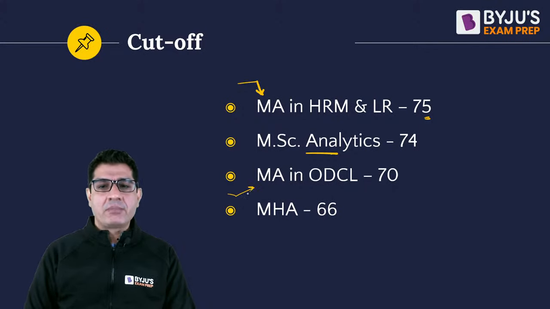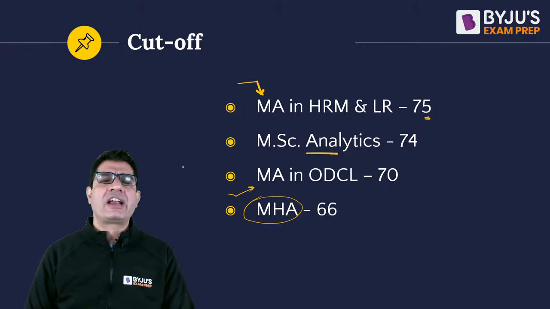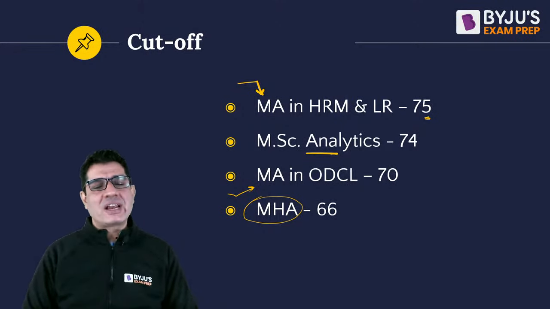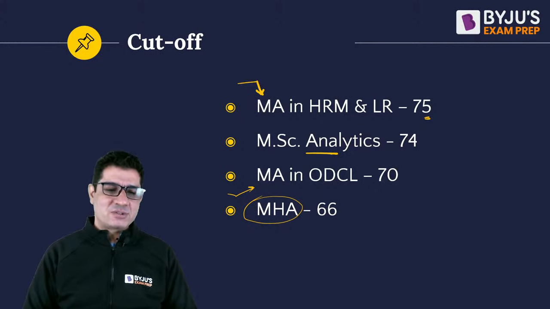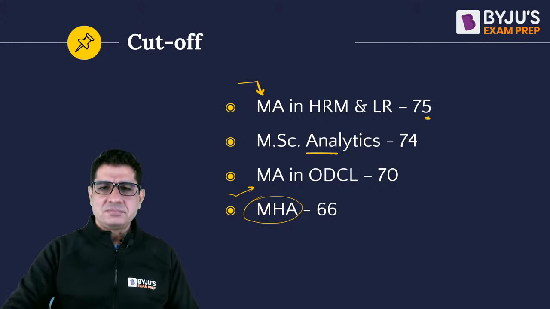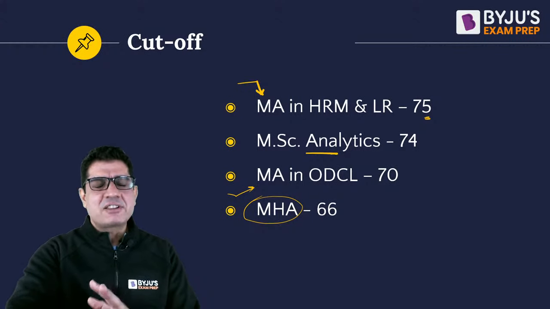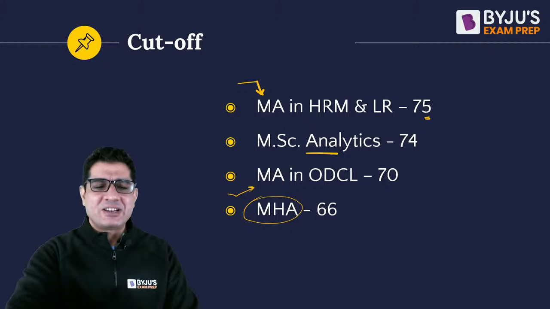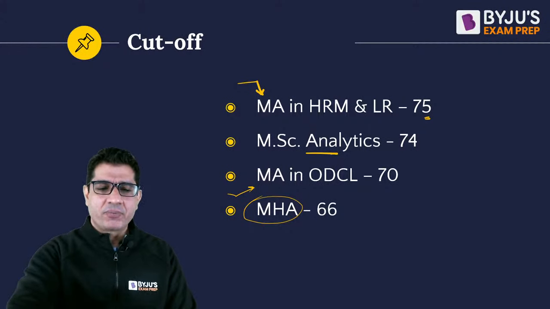Do apply to MA in ODCL, and in case you have interest in hospital administration or your background is relevant for it, you can definitely apply to that as well. Right? So these are the 4 management related courses. Then the rest of the courses are not exactly going to be management related.